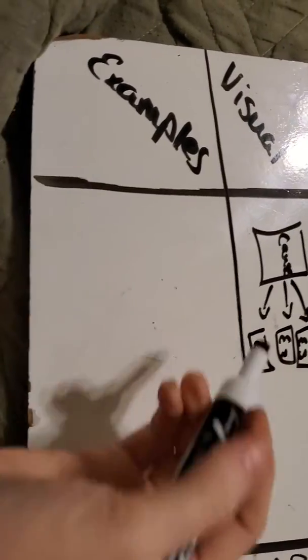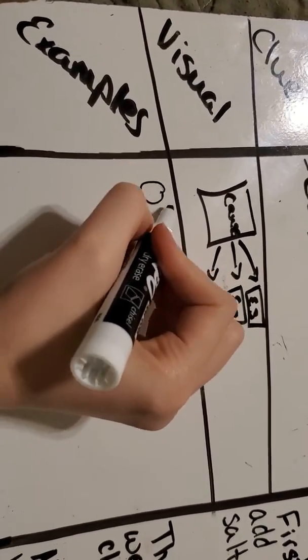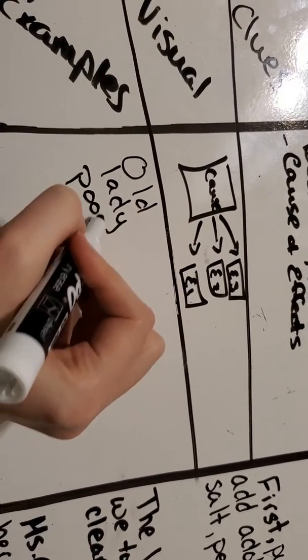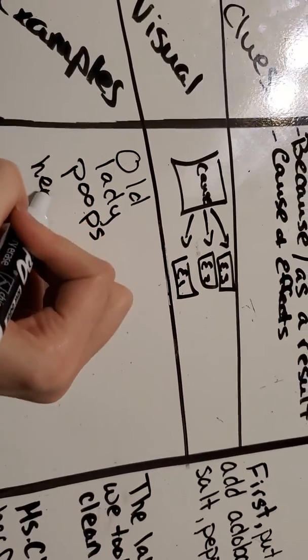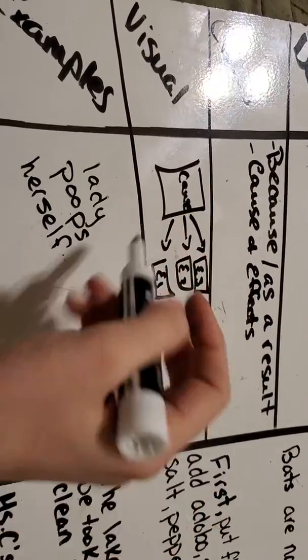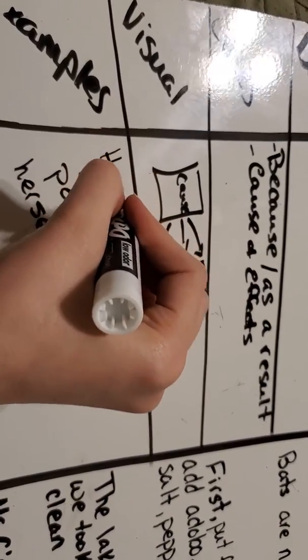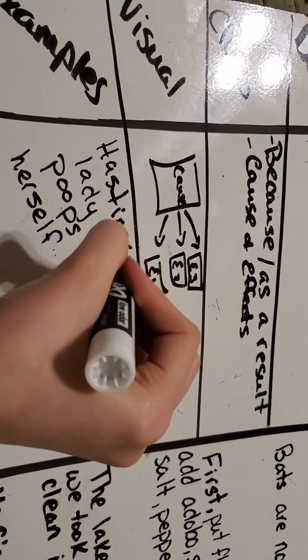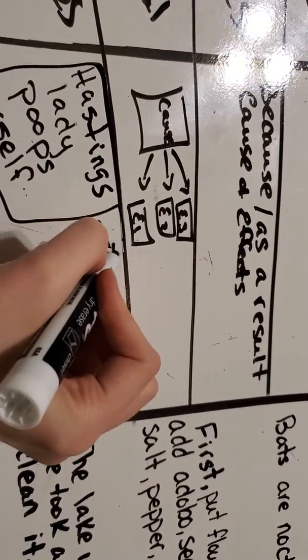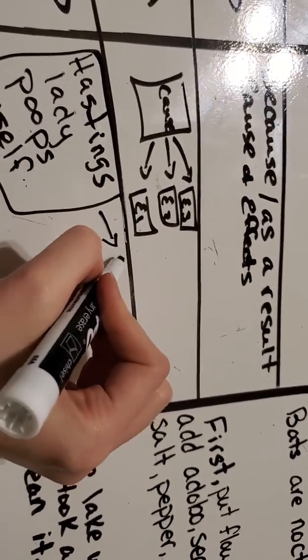So, my cause is old lady poops herself. She wasn't even old. She was like maybe 40. So we're just going to say lady poops herself. Hastings lady. So the first effect, she leaves, right?